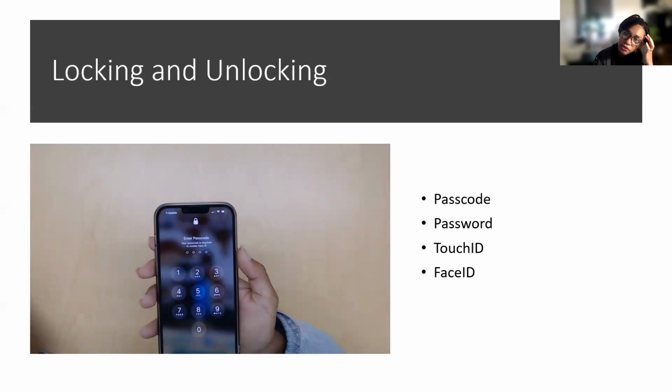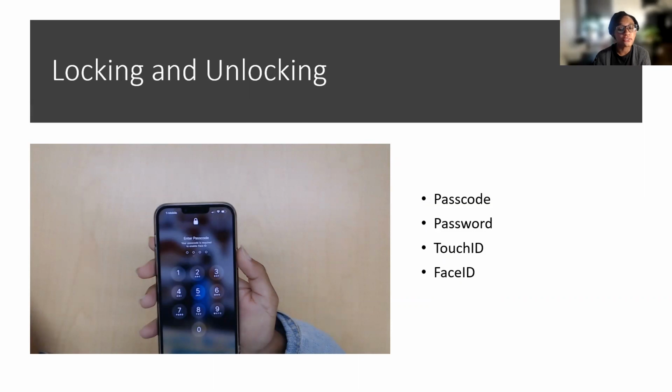Now, locking your iPhone is pretty much the same as putting your phone to sleep. You'll just tap that power button, but unlocking your phone is a way of entering your password, which allows you to view all of the secure information and data that's stored on your phone. This can also help protect you if your phone is ever stolen or being used by an unauthorized person.